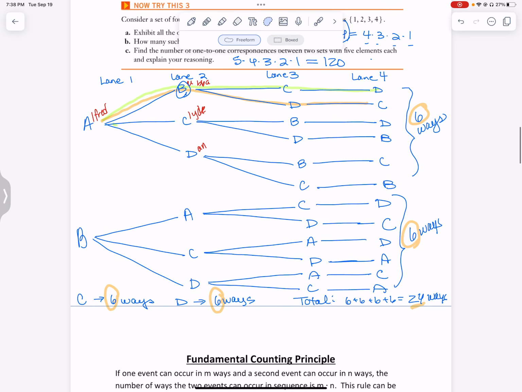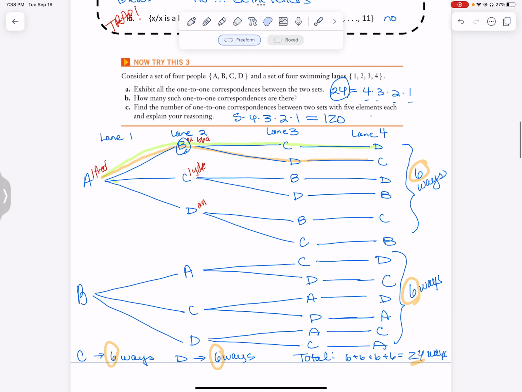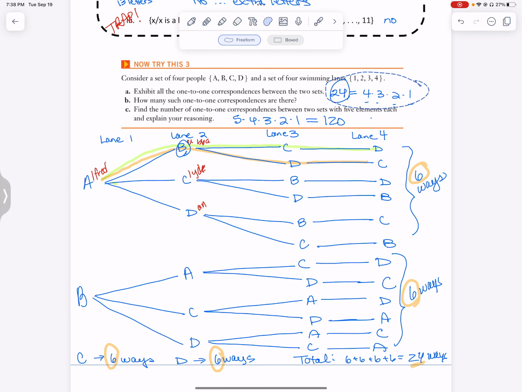We could do the exact same thing, but if you notice with this, you would say 4, 3, 2, 1. Well, if you have 5, you just add that 5, 4, 3, 2, 1 and multiply them all together. So there'd be 120 ways that you could put those 5 people in those swim lanes.